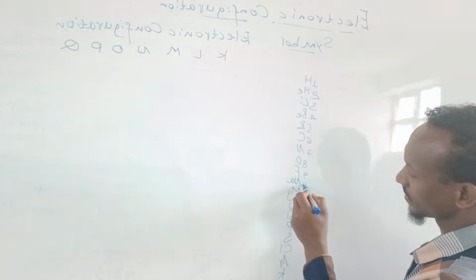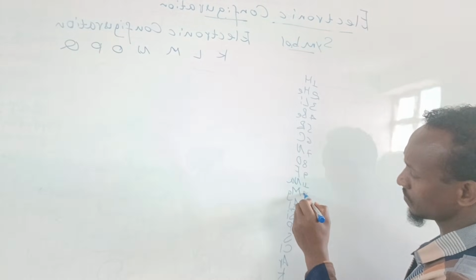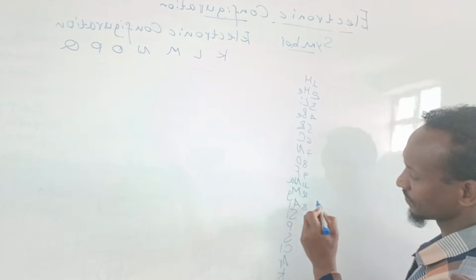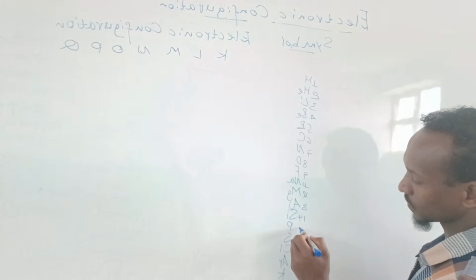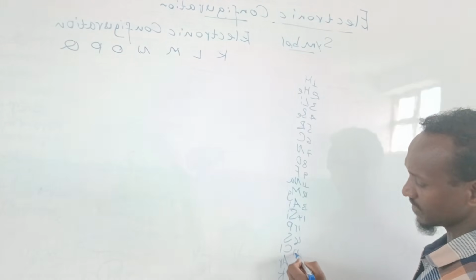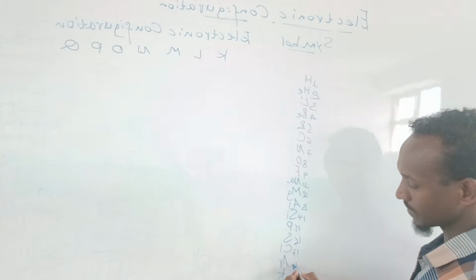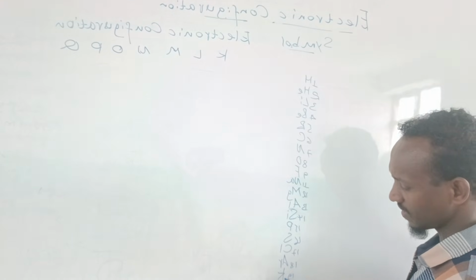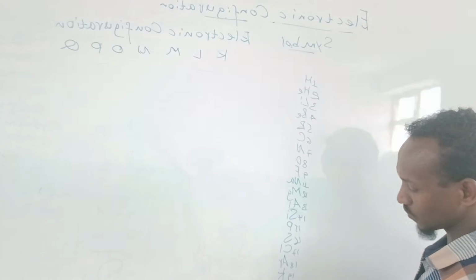Sodium is 11, magnesium is 12, aluminum is 13, silicon is 14, phosphorus is 15, sulfur is 16, chlorine is 17, argon 18, potassium is 19, and here calcium is 20.